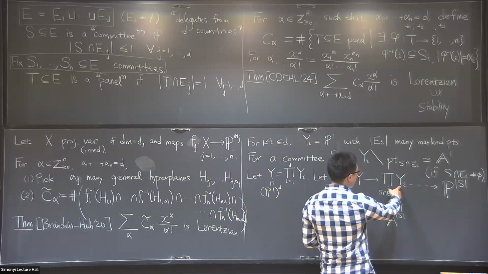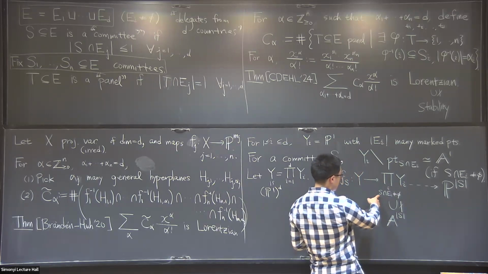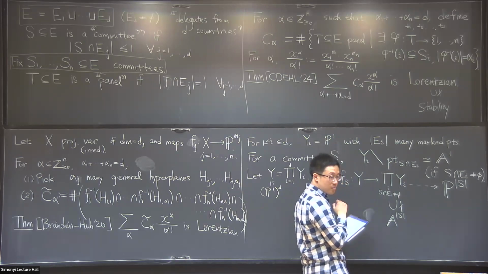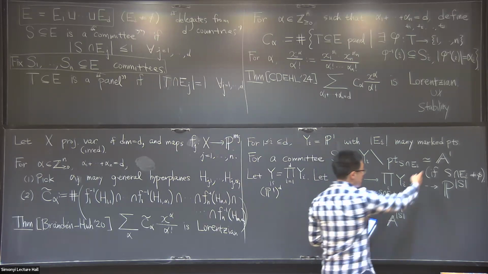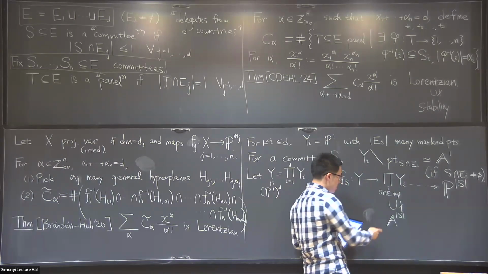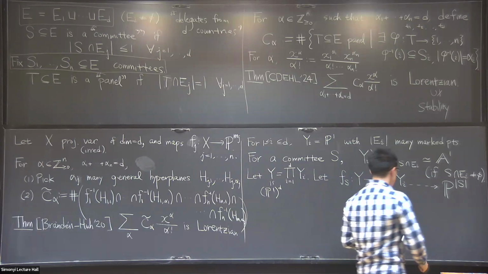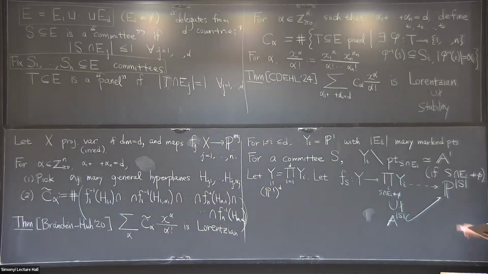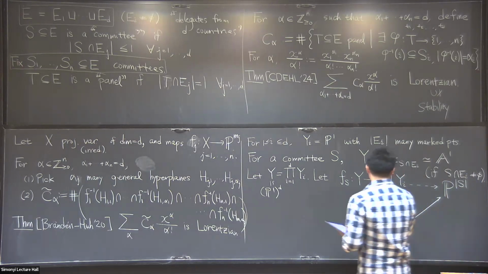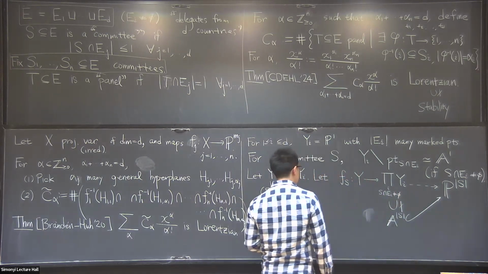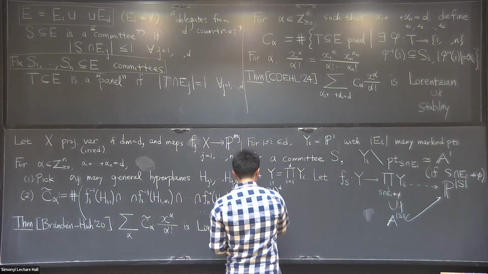For each Y_i such that E_i intersects S, I look at the corresponding marked points on that copy of P1, remove that, that's an A1. And I do that for each i appearing here. So I get this. And this has a natural closure, projective closure into this space. So of course, it's not defined on the entirety of this. So this is only a rational map right now. So what do we need to do?